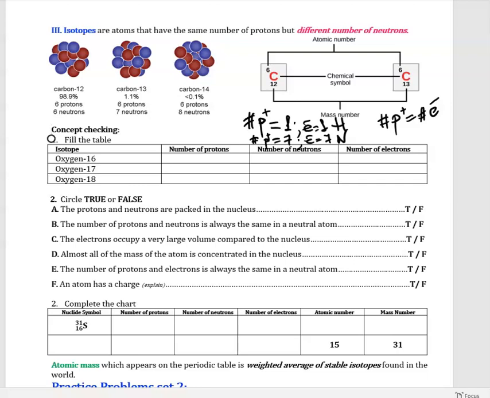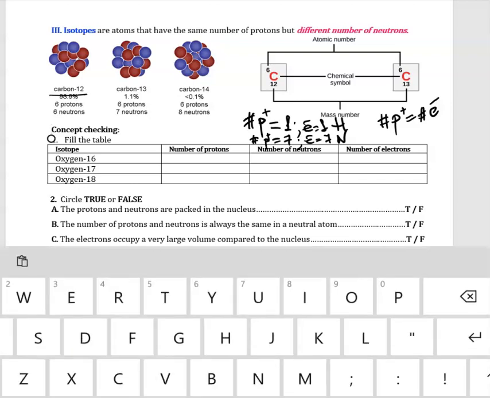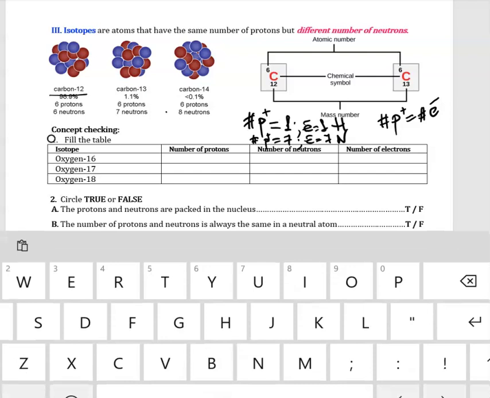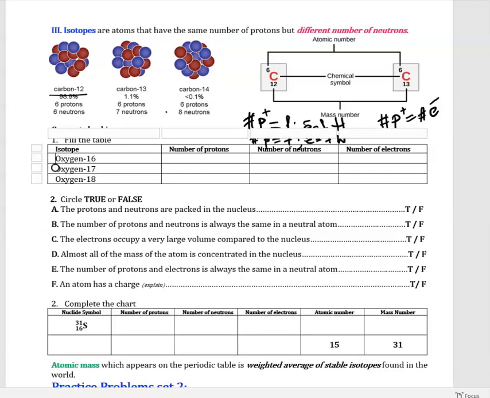Isotopes are atoms that have the same number of protons but a different number of neutrons. Here are 3 examples of isotopes of carbon: carbon 12, carbon 13, and carbon 14.